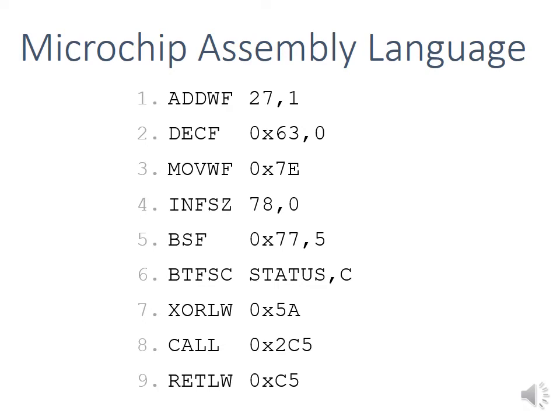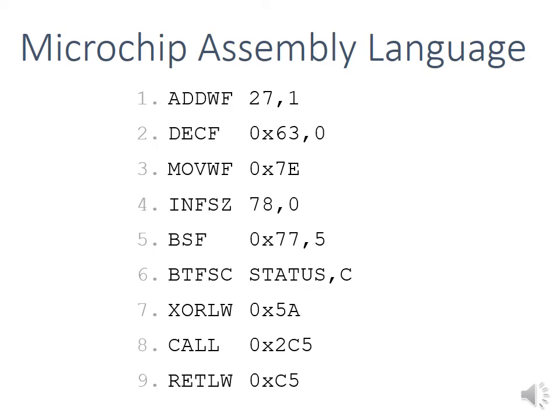So the 1 after the comma indicates that the destination is a file register. Instruction number 3 means load the hexadecimal value 7E into the working register.